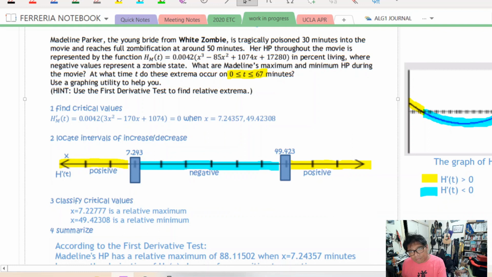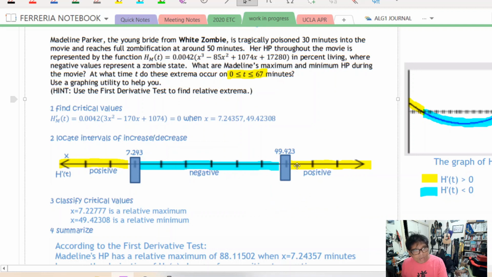The derivative might be decreasing, but that doesn't matter. What matters is that if h prime is positive, h is increasing. Here, between 7.243 and 49.423, h prime is negative, meaning h is decreasing.